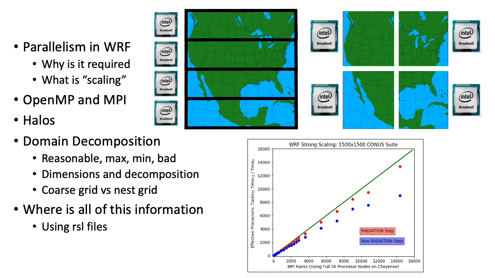To actually do some performance studies, it's usually necessary to gather some information from inside of the RSL files. The RSL files contain information that say exactly how big each individual process is and how much time it took for each of the time steps to be completed.